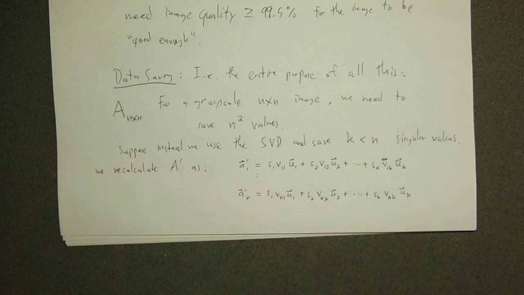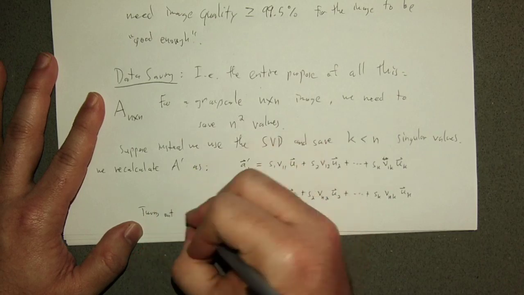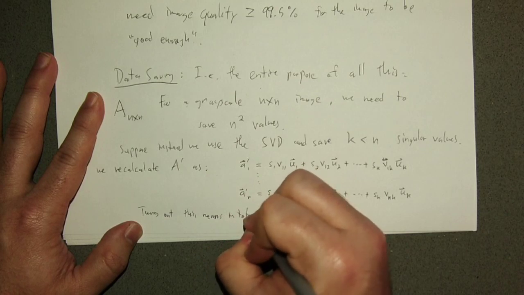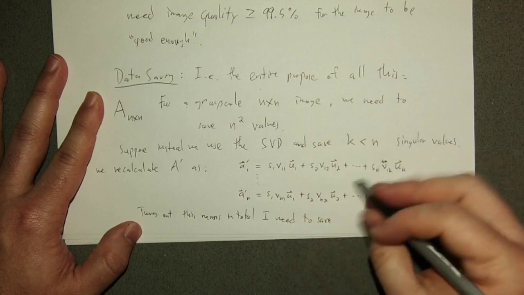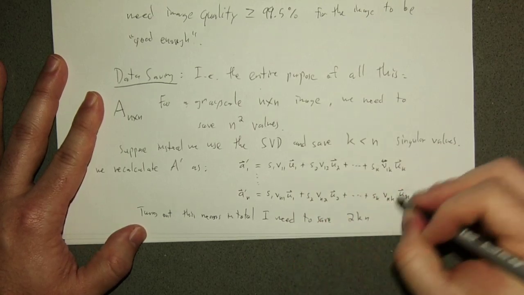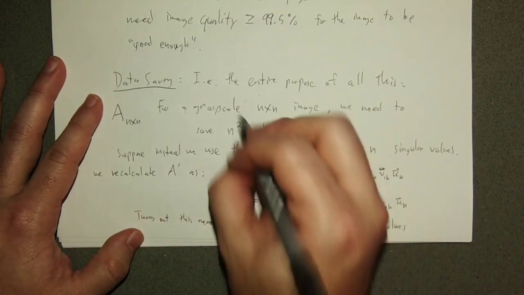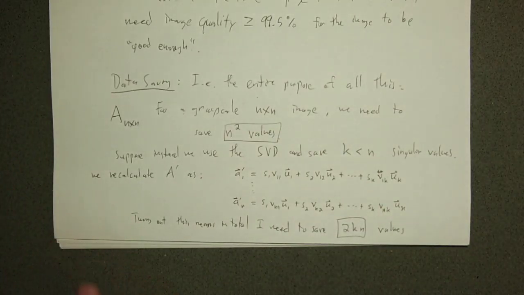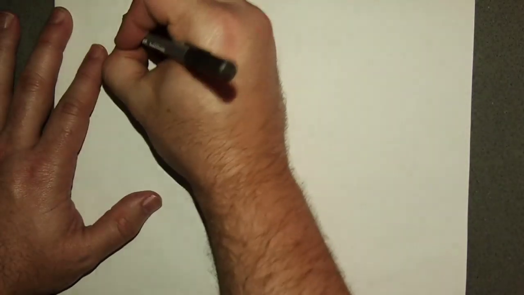So we need to save 2kn values in total, compared to n squared values. All right, so this allows me to define another quantity. This is the compression ratio.